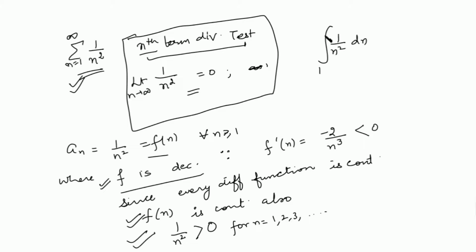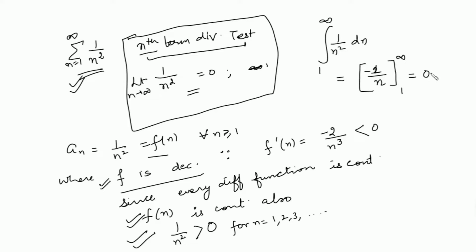Now you need to find the value of this integral going from 1 to infinity. What is the value of this integral? This is n to the power minus 2 plus 1, so that will be minus 1 upon n. So when you put n to be infinity, you will have 0.